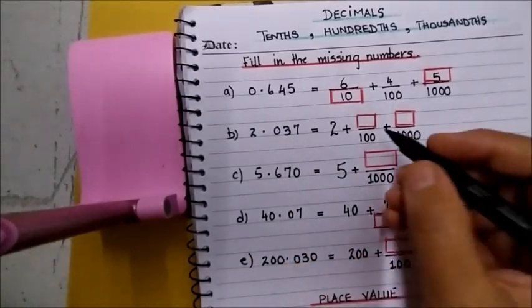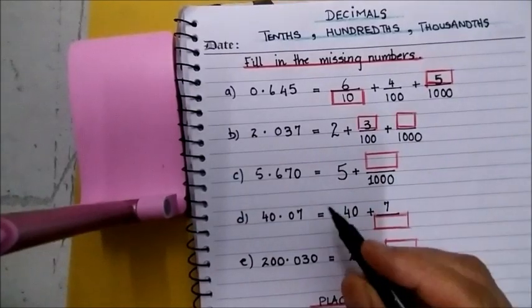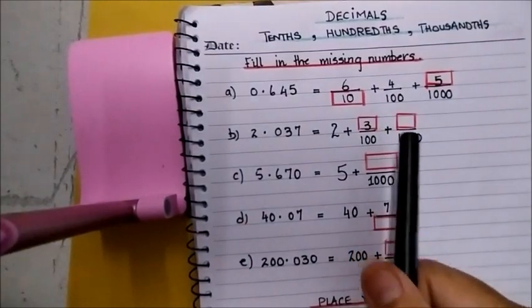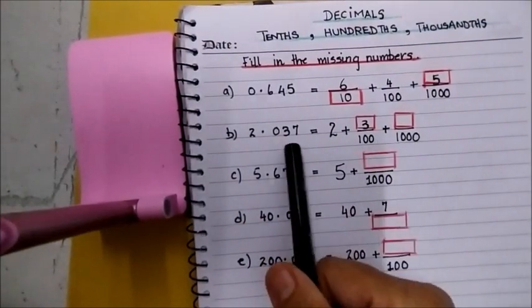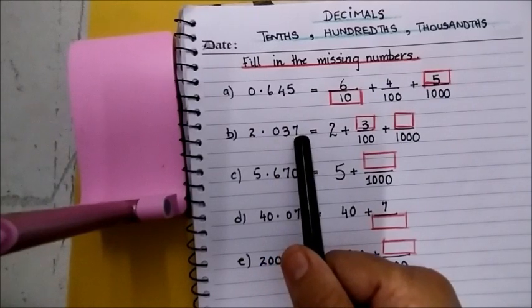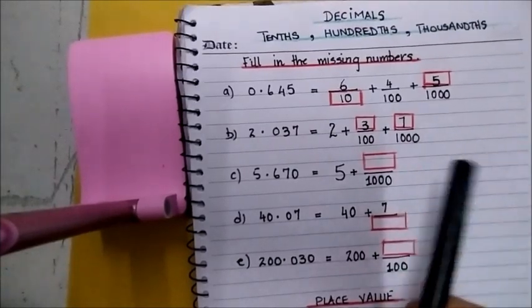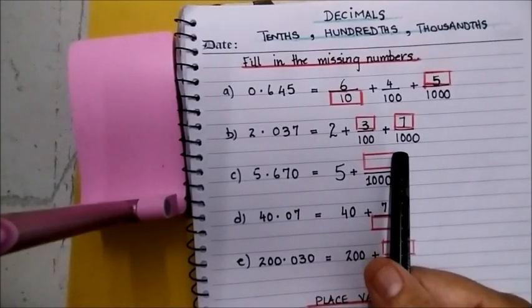So 3 should go on top of 100. 3 upon 100. Moving on to the last one, 7 is on the thousandths place. So 7 will be written as 7 upon 1000.